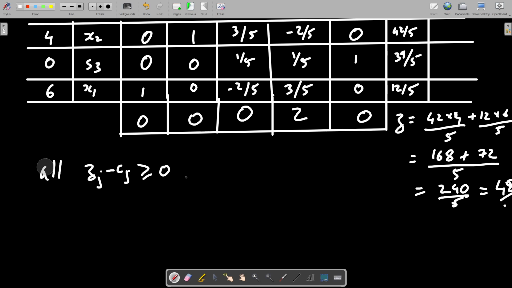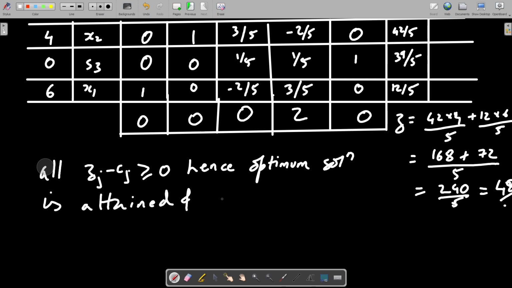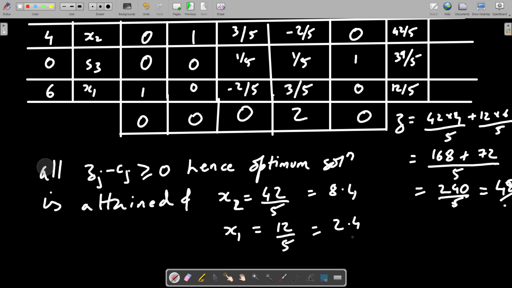While Zj minus Cj is greater than or equal to 0. Okay, hence optimum attained, and the required solution is x1 is equal to 42 by 5, which is actually equal to 8.4, and sorry, this is x2, x2 is this, and x1 is 12 by 5. x1 is 12 by 5, that's equal to 2.4.